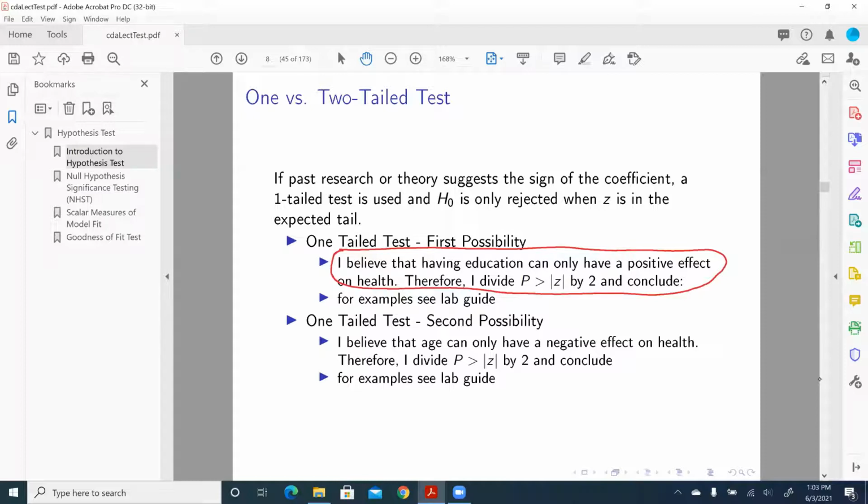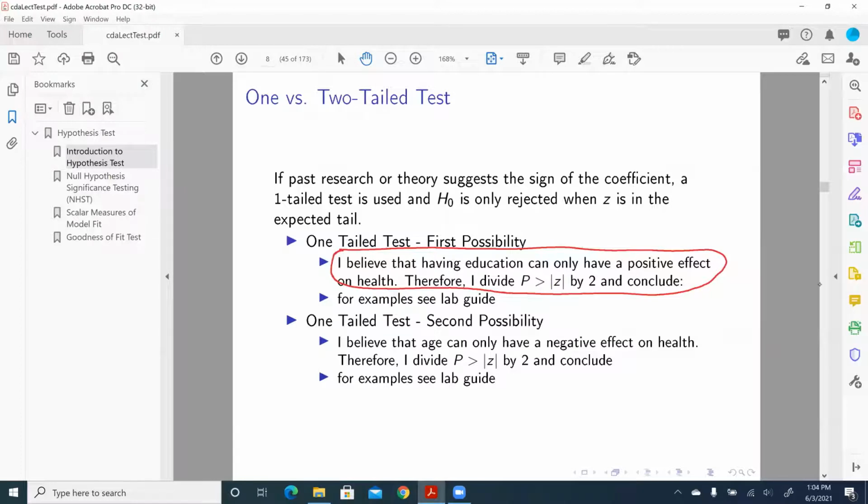Either equal or smaller. So where's the critical region? Well, the critical region is on the positive side, the positive tail. So if the test statistic falls into that positive tail, then we can reject H0.